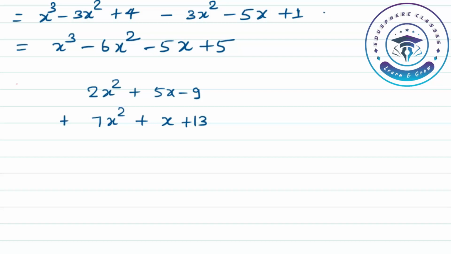When we need to add them, we will simply add like terms, and we will write like terms one below the other. So negative 9 plus 13, we will be getting plus 4, 5x plus x is 6x, 2x square plus 7x square, so we will be getting 9x square.